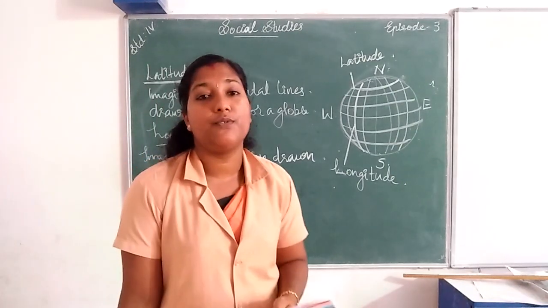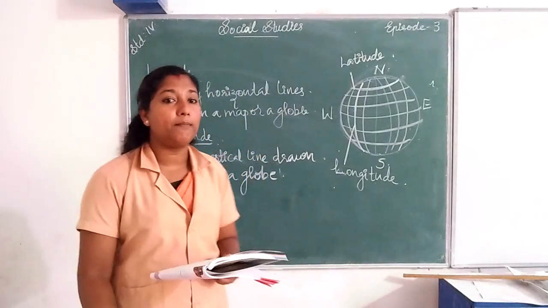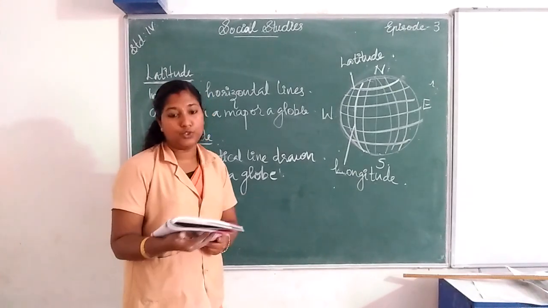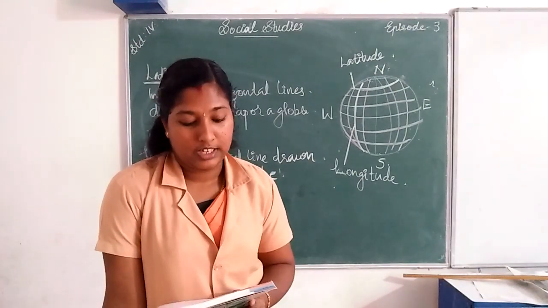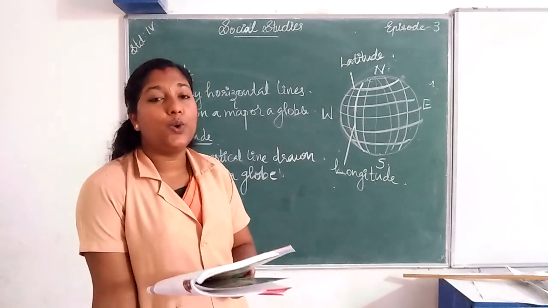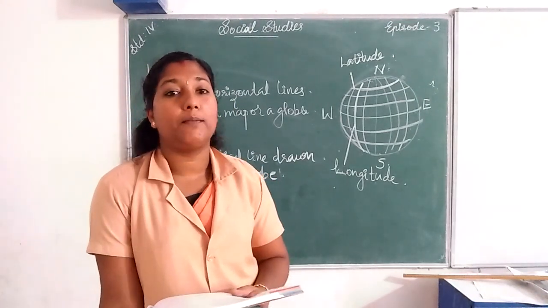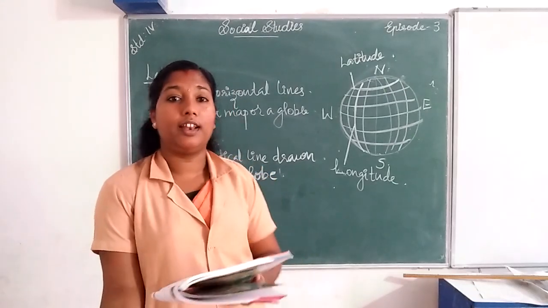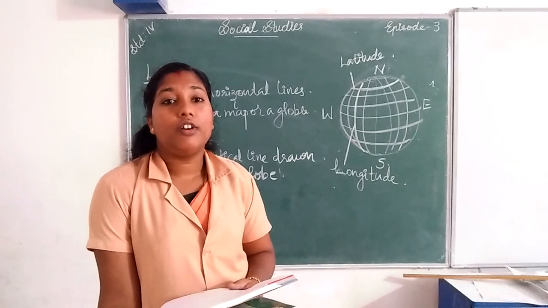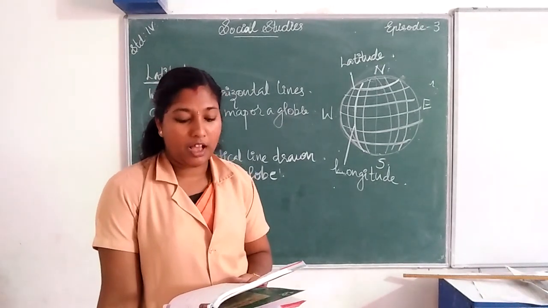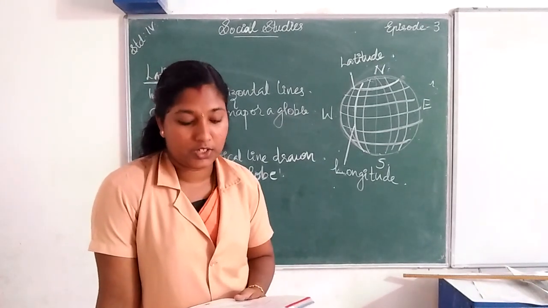The imaginary vertical lines drawn on a map or a globe are called longitudes.